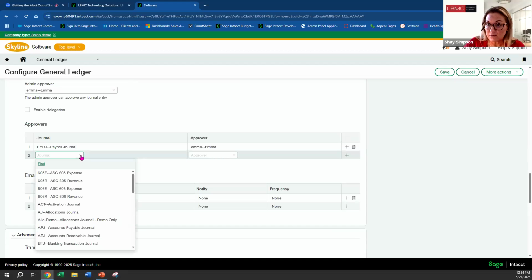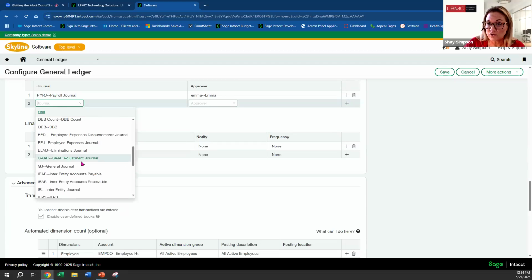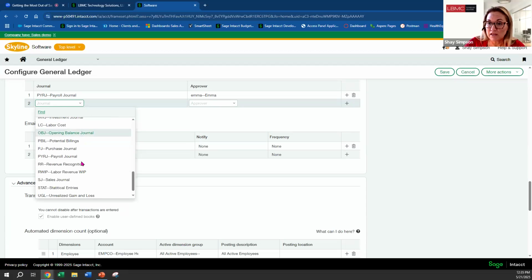I can set them very specifically to certain journal entry types. So it may be, for example, as we see here, our payroll journals, because those are, I guess you could say, scrutinized by auditors, those may be ones that I want to have an approval policy or approval workflow around.